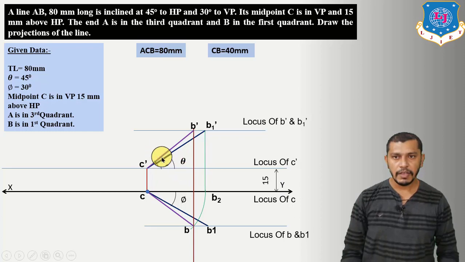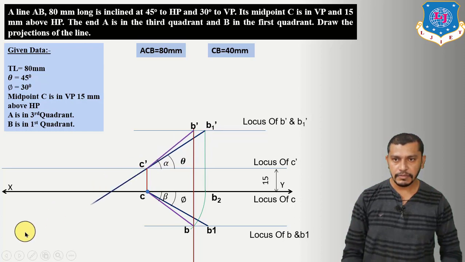So this is the alpha angle of elevation line, and here will be the beta angle of the plan length. Now if you want to find out the locus of A, the length of A to C will be equal to 40 mm. So extend this C dash B1 dash line, because this is half true length of the line, in the backward direction like this.